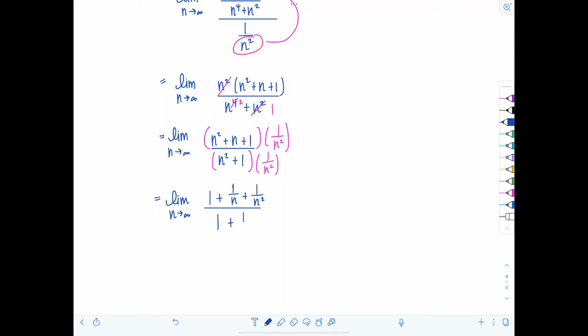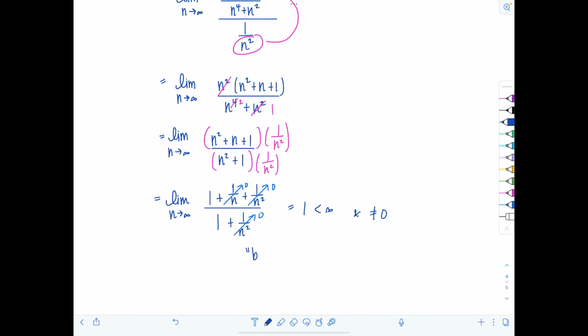Yes, 1 plus 1 over n squared. Okay, can we take this limit? Oh yeah, easy peasy. 1 over n goes to 0. 1 over n squared goes to 0 too. So all I'm left with is 1 over 1, which is 1. Do I care what number this is? Just that it's finite and not equal to 0.